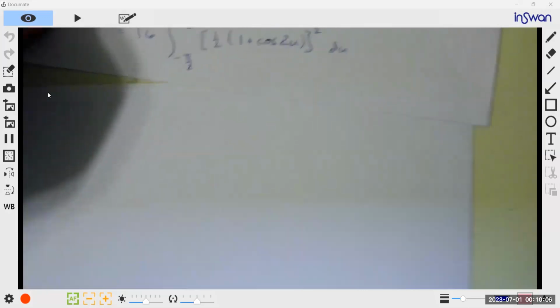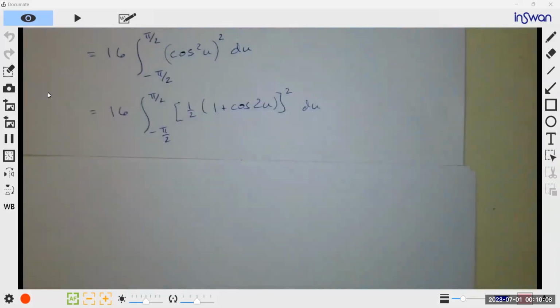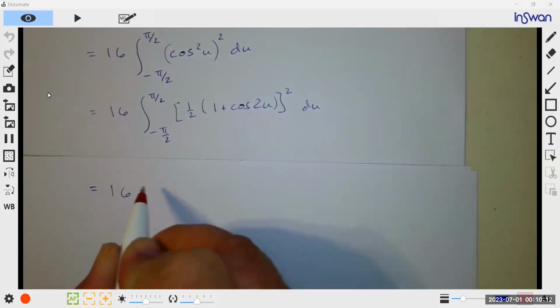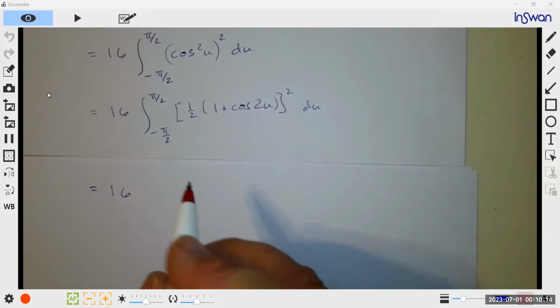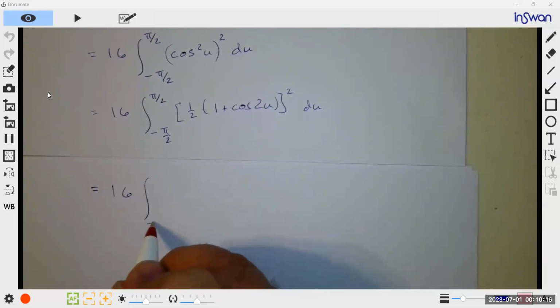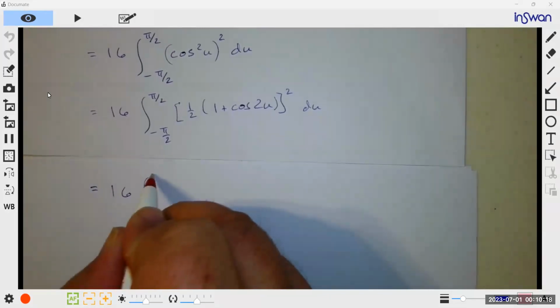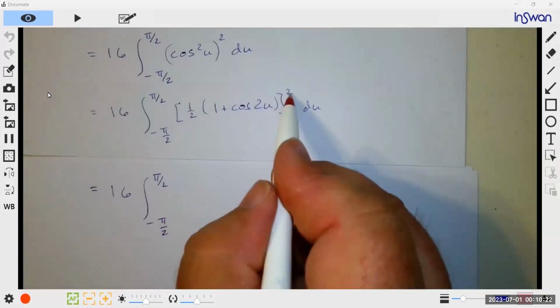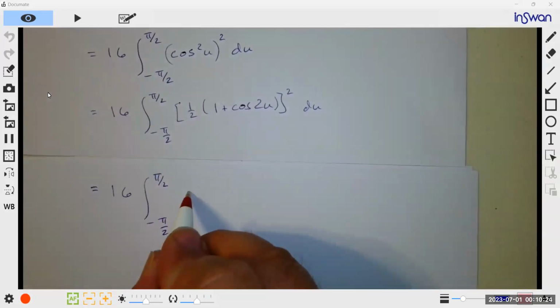Let me write what I have here. So this square goes to this one, so it's 1/4.